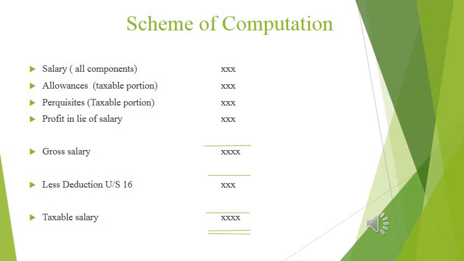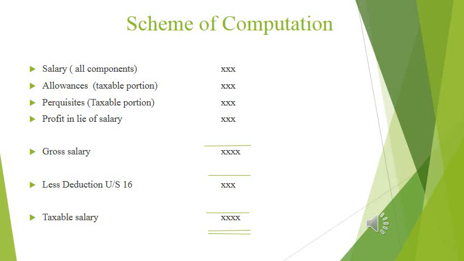Then add taxable portion of allowances, add taxable portion of perquisites, add profit in lieu of salary. We have already discussed compensation and any amount received under a given insurance, etc., which come under the category of profit in lieu of salary.